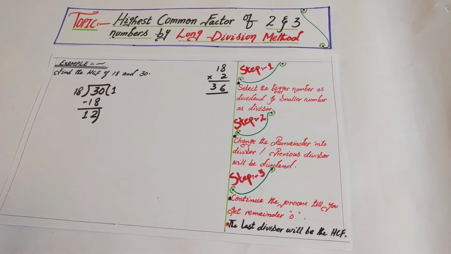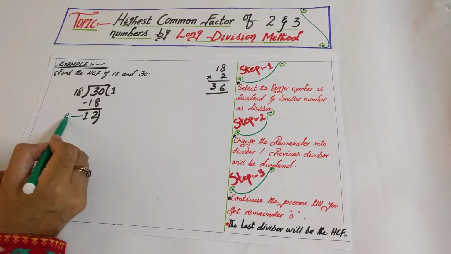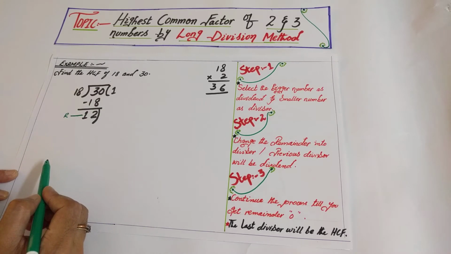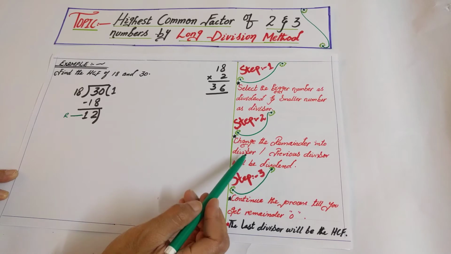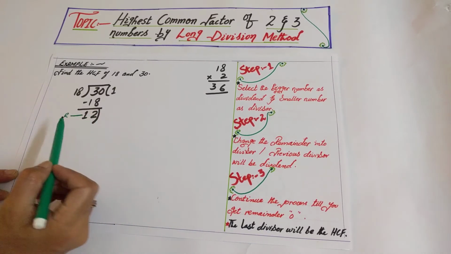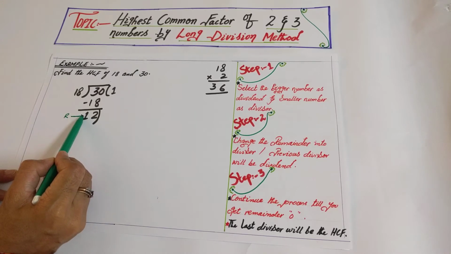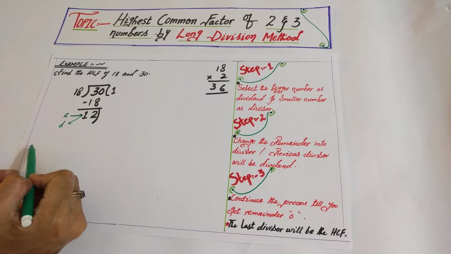So 30 minus 18 is 12. This 12 is actually the remainder for these numbers. According to step number 2, we will change the remainder into divisor. This remainder will be converted into divisor.